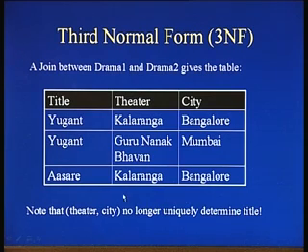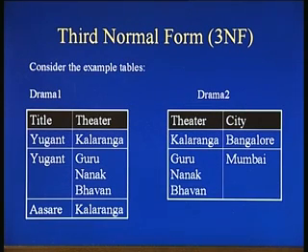Now if you see, given a theatre and a city, there is no unique title, and title and city are no longer the key. That is, we can possibly have different sets of attributes that are defined by the same theatre and city combination.